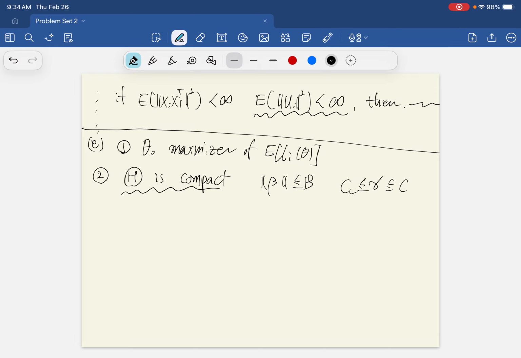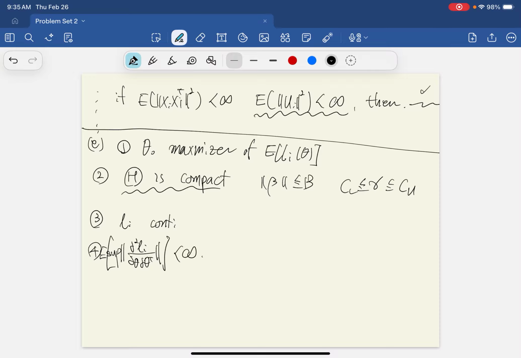So we do not have any problem with compactness. And then third, L is continuous. This is trivial, by the functional form. And fourth, the dominating function for the second derivative: the supremum of this and then taking expectation is finite.